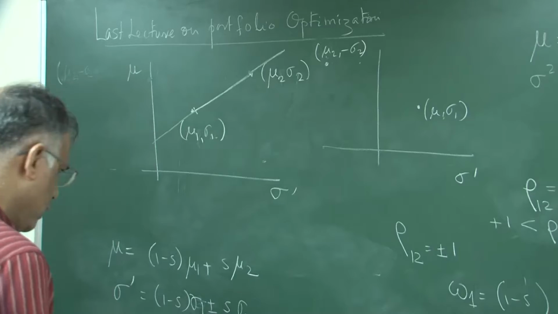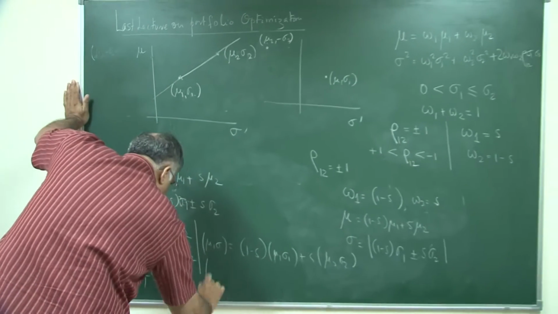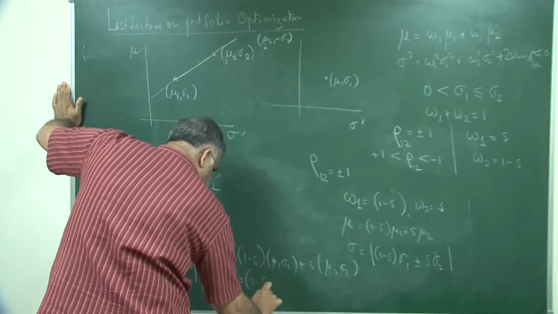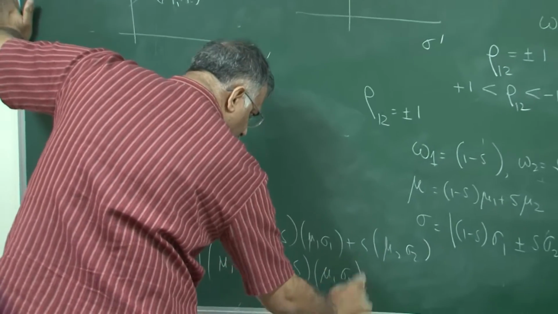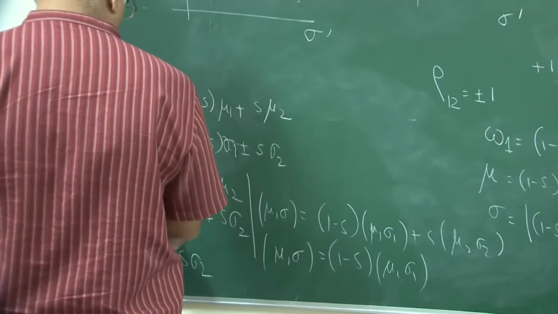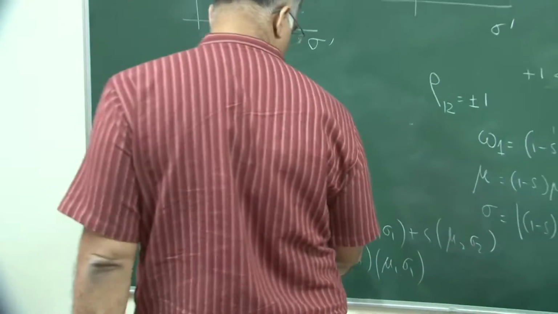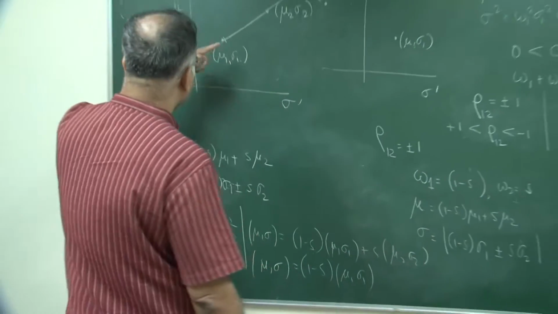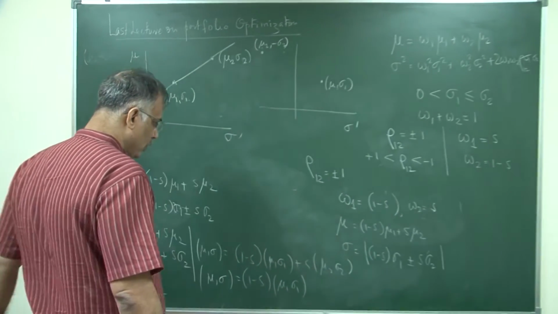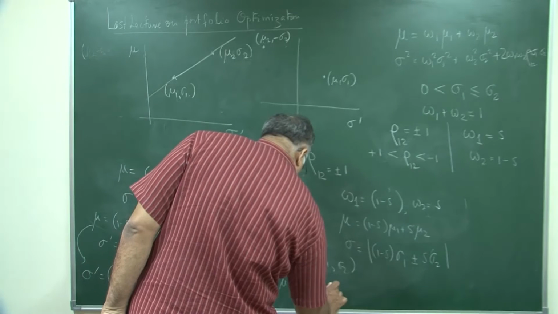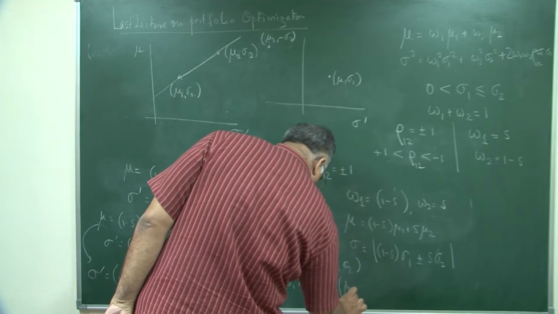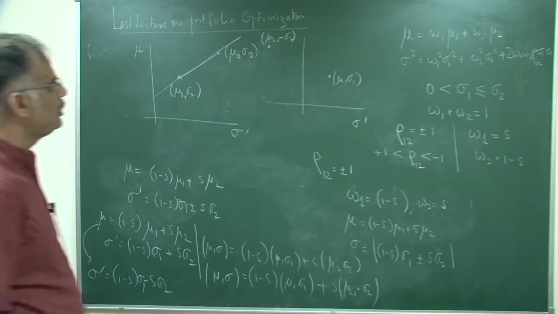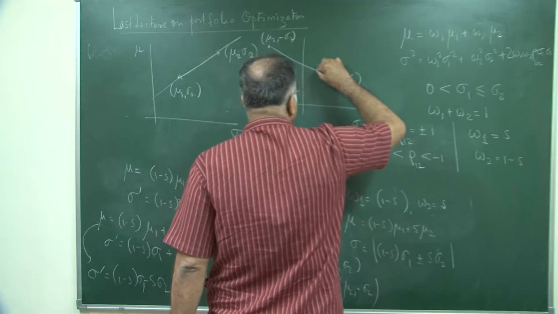Because in this particular case you have mu sigma represented as 1 minus S mu 1 sigma 1. What is happening is, if you put S equal to 0, it gives me mu 1 sigma 1, and S equal to 1 gives me mu 2 sigma 2. So, when you move from 0 to 1, you go from here to here. So, it will become plus S into mu 2 minus sigma 2. That is what is happening. So, here we are joining this line.